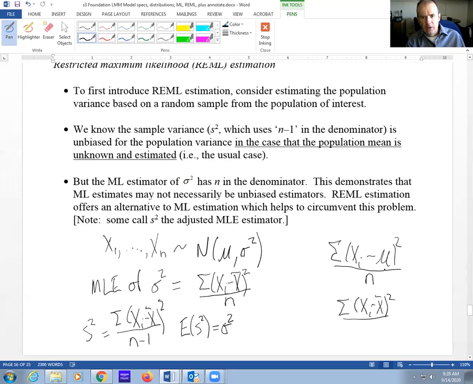If you tend to have a larger set of values, that mean is going to be pulled up to it. So this quantity xi minus x bar squared is going to tend to be smaller than xi minus mu quantity squared.